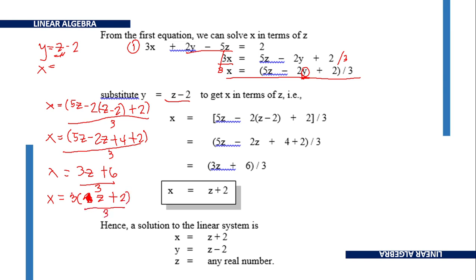So, cancel lang natin yung 3. We have x is equal to z plus 2. Kung mapapansin nyo, in terms of z na rin yung x. Ibig sabihin, may variable z dun sa value ng x. Since nabanggit kanina din, meron tayong value ng x, may value na tayo ng y, and ang z natin is any real number.